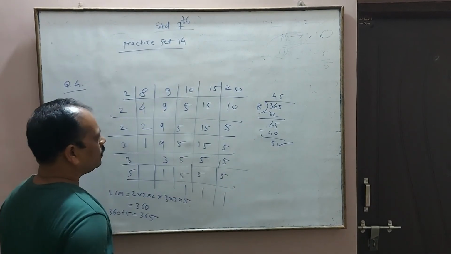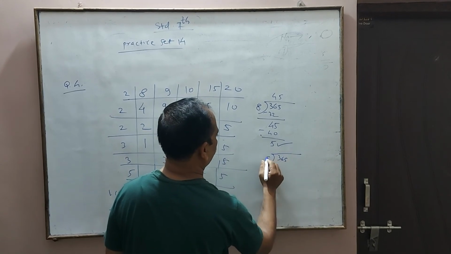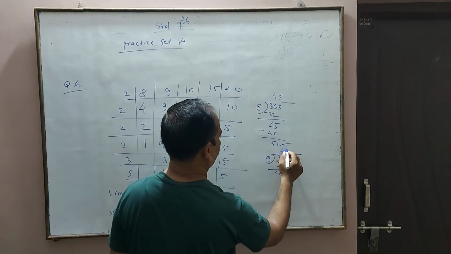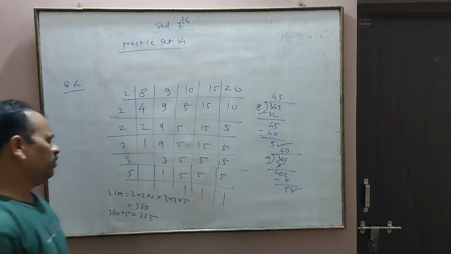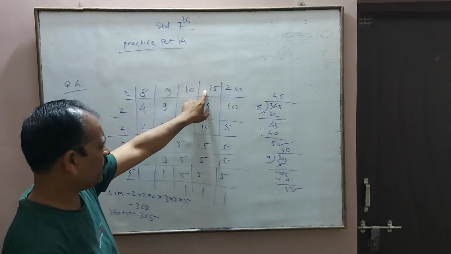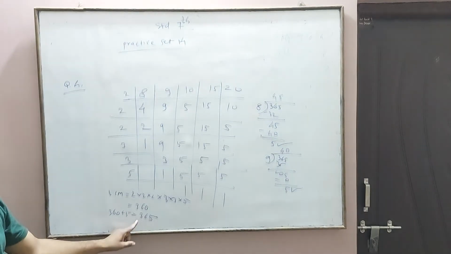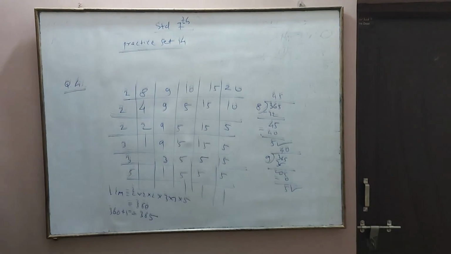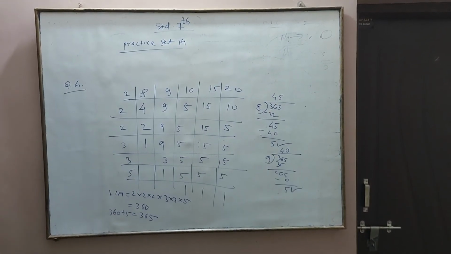If we divide this number 365 by 9, 10, 15, 20, you check, you always get a remainder of 5. That will be our answer. This number 365 is the number that was asked in the question.